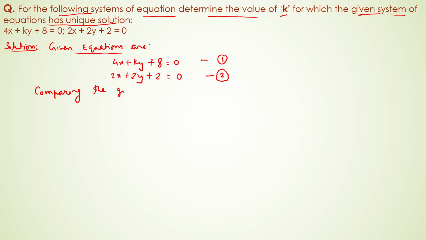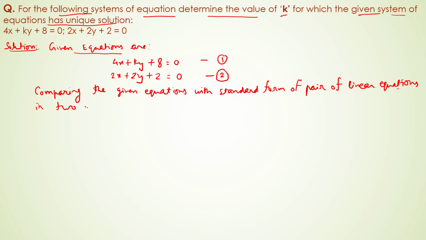Comparing the given equations with the standard form of a pair of linear equations in two variables, let us first write the standard form of the equation: a1x plus b1y plus c1 equals to 0, and a2x plus b2y plus c2 equals to 0.